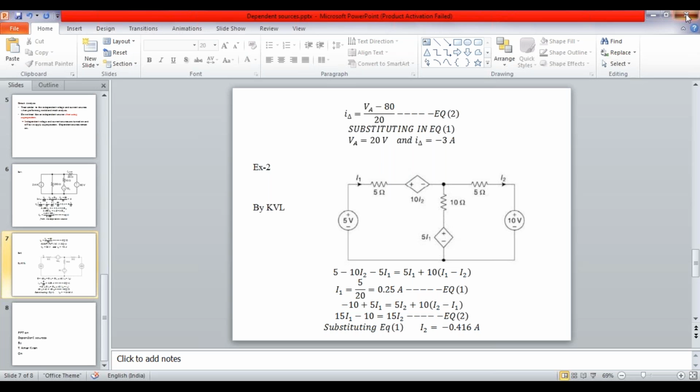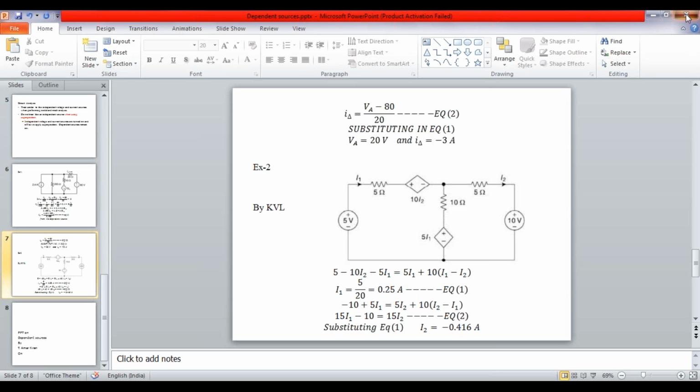For the 5 ohm passive element, it is 5 into I1, and for this other passive element it is 10 into (I1 minus I2), since both currents are opposite in the 10 ohms. So it is 10 into (I1 minus I2).